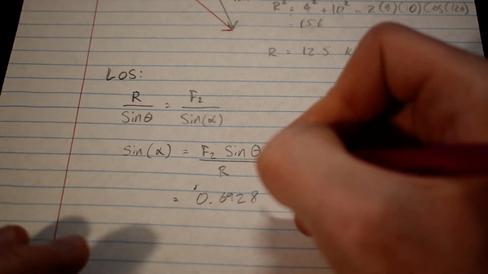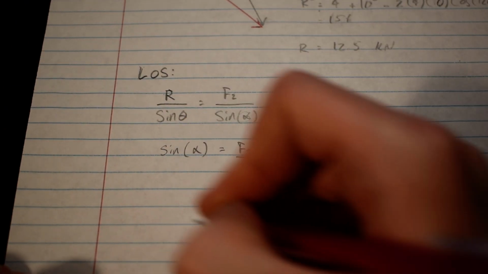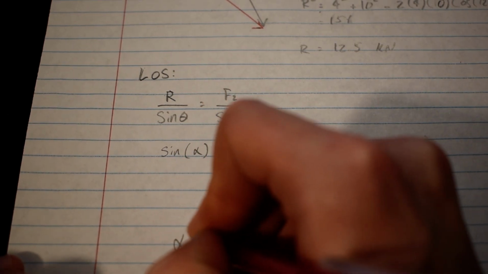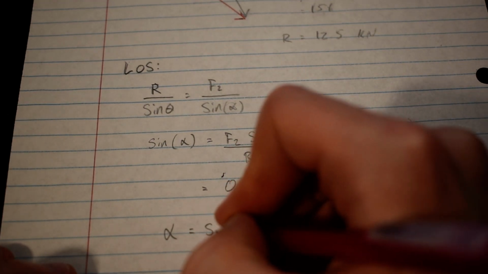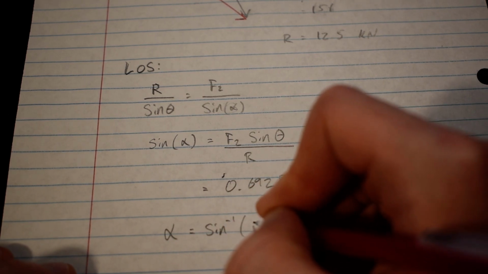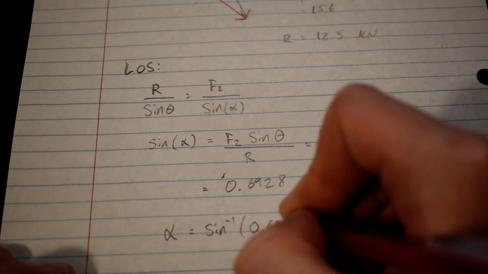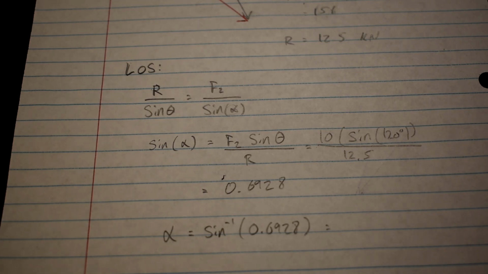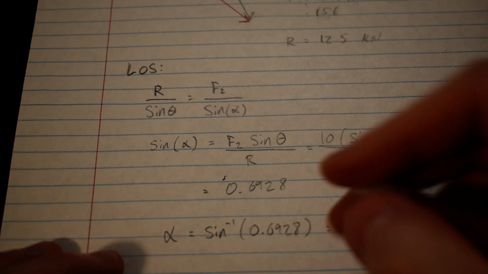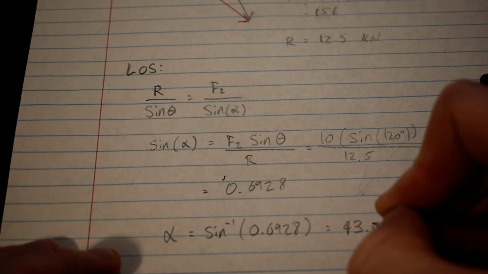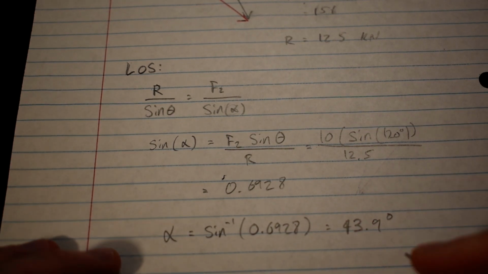0.6928. If we take the inverse sine of that to get alpha, alpha equals the sine^-1 of 0.6928. Make sure your calculator is set to degrees. And we get 43.9 degrees.